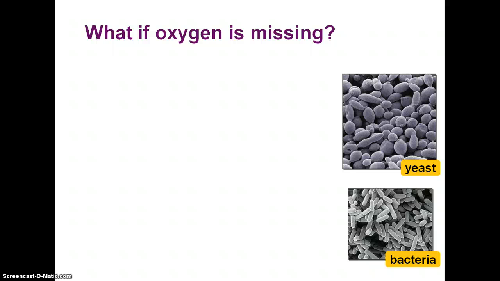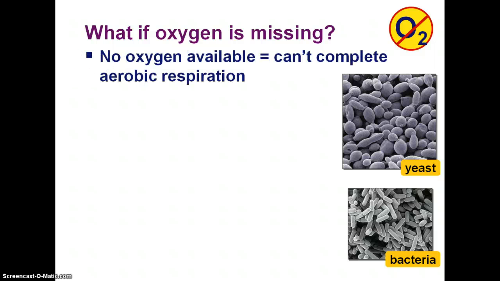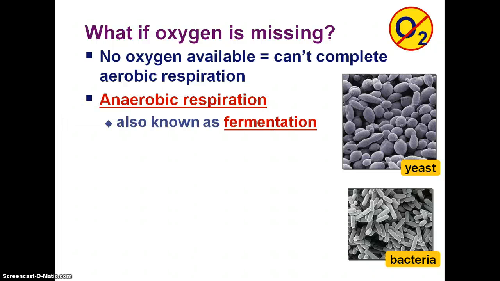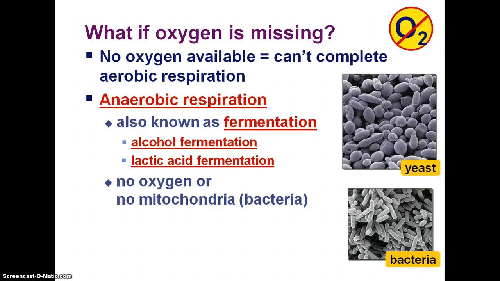But sometimes you run into a situation where there is no oxygen or not enough oxygen available. If there's no oxygen available, you can't complete aerobic respiration, and so you have something called anaerobic respiration, also known as fermentation. There are two main types that we talk about: alcohol fermentation and lactic acid fermentation. These occur if there's no oxygen available, or in bacteria with no mitochondria.